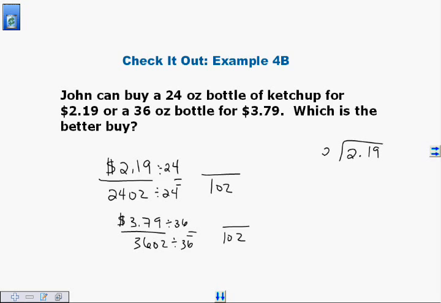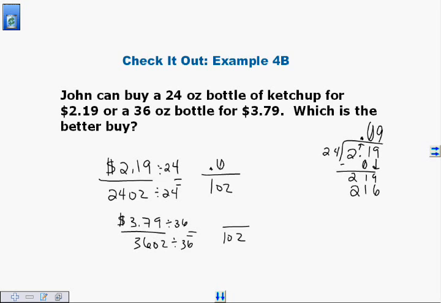$2.19 divided by 24. 24 does not go into 21, and it does matter to put that 0 there since it's behind the decimal. You can subtract. 24 goes into 219. You may need to come off to the side and do a little bit of math, but it goes in 9 times. 24 times 9 gives you 2.16.